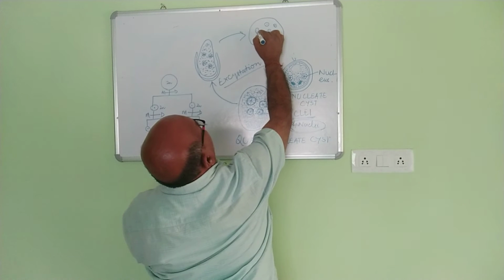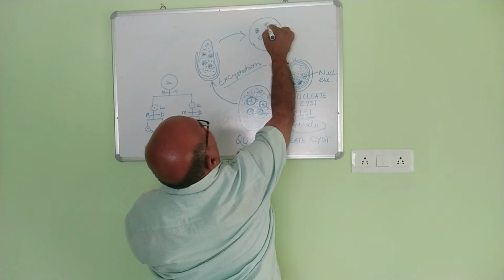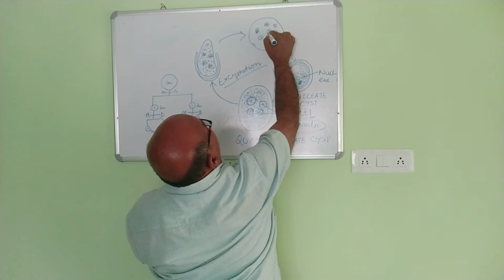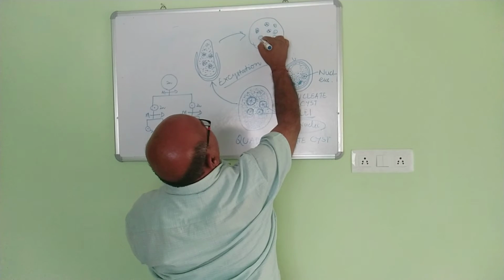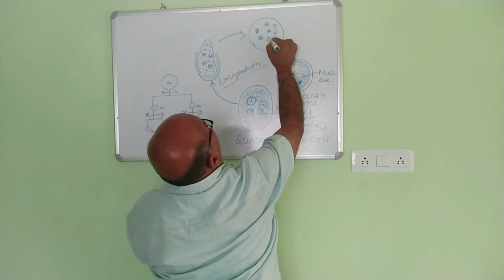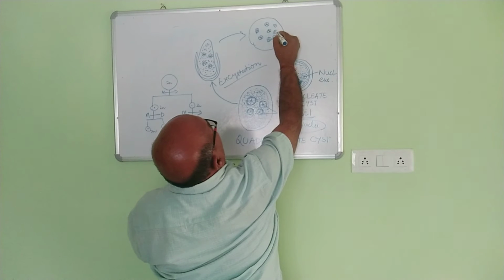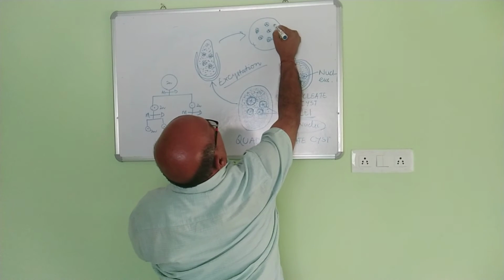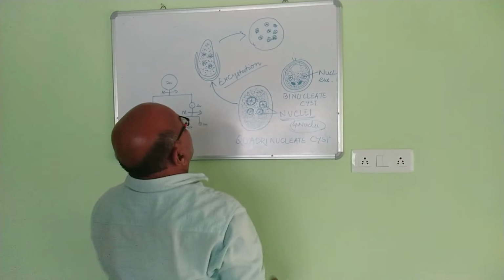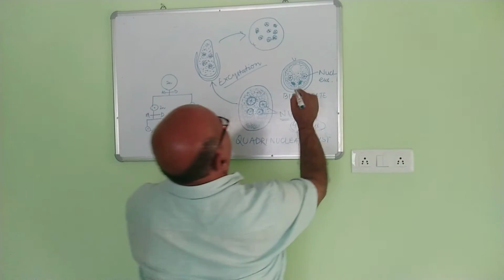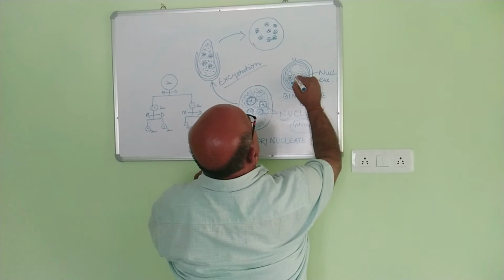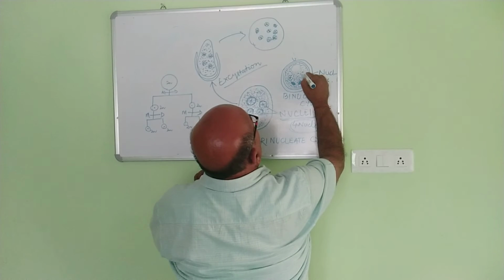Eight other nuclei are generally present there. In that stage, it will be separated. Cytokinesis occurs at that time. You find one and two nuclei.